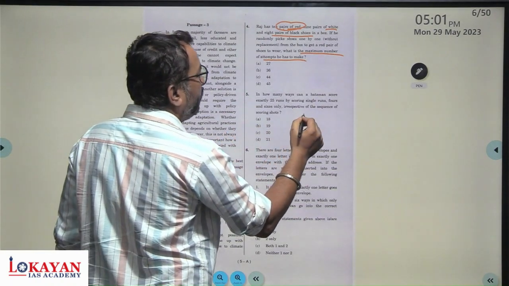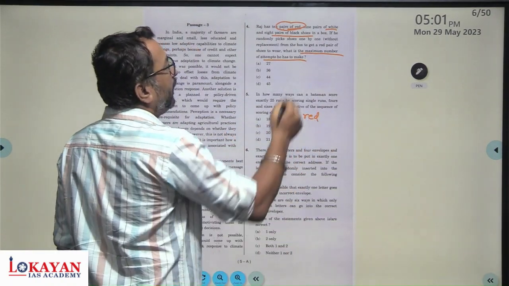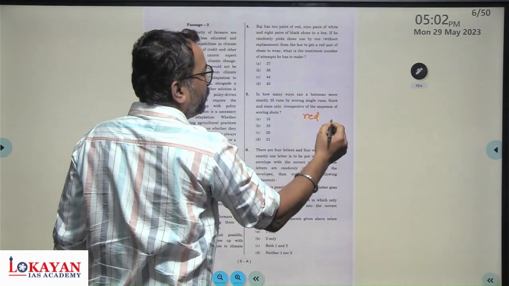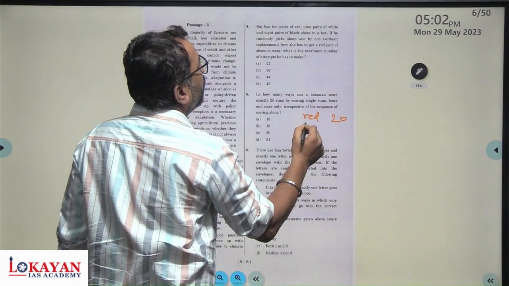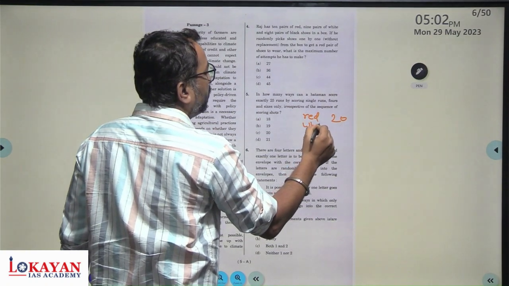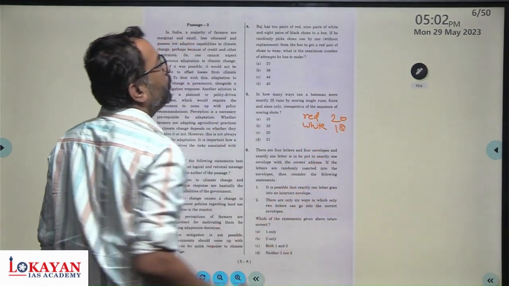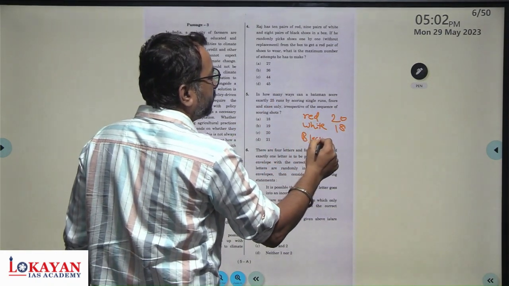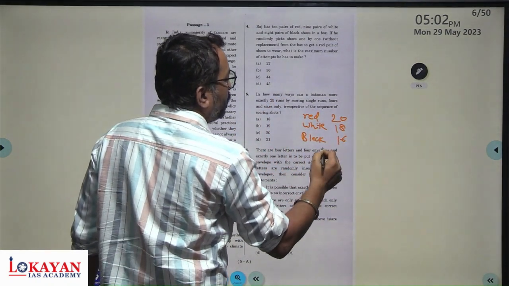So Raj has how many red shoes? 10 pairs of red, so 20 red shoes. 9 pairs of white, so 18 white shoes. And 8 pairs of black means 16 shoes.